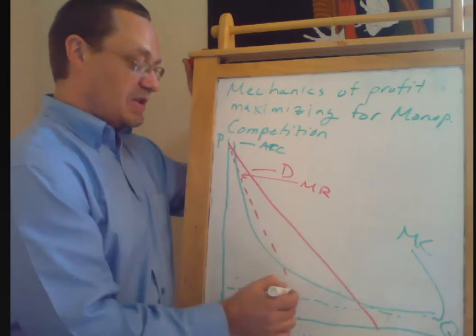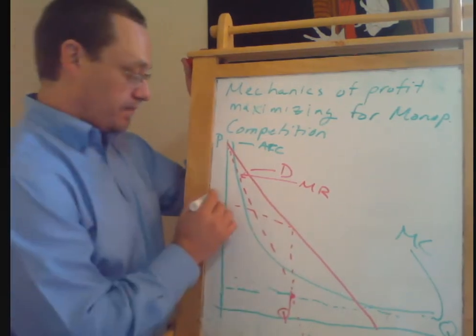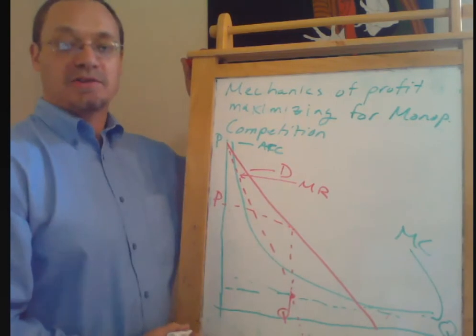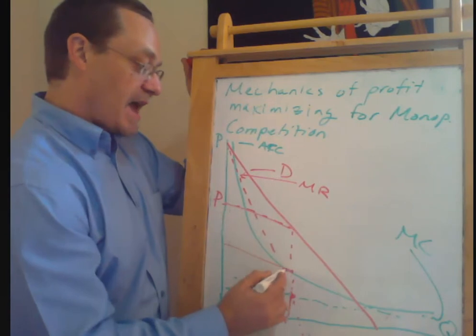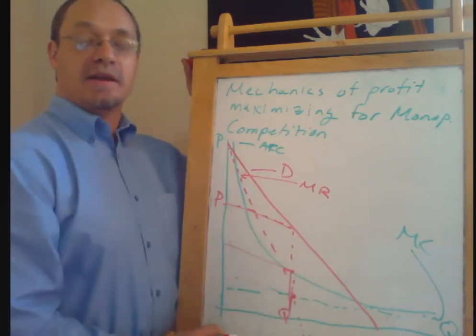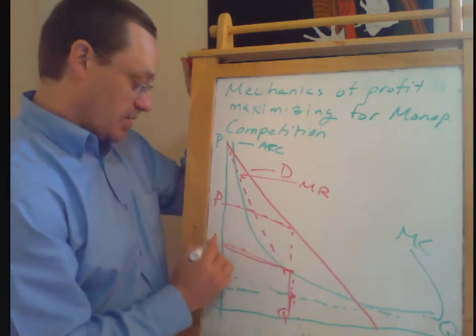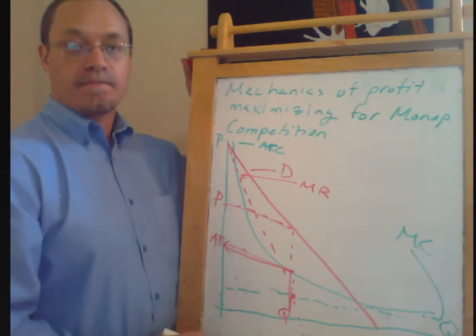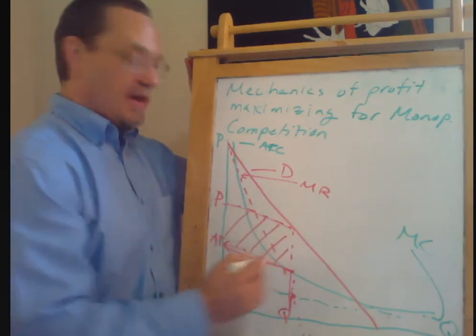And then to see what price we charge, we look up here at the demand curve, and there's our price. And our firm has average total costs of where that quantity hits the average total cost curve. So average total costs are here. And this firm is earning some profits. And that's very nice for it.